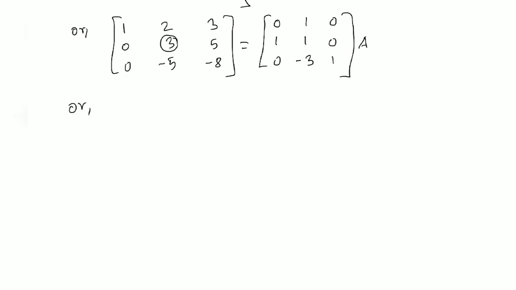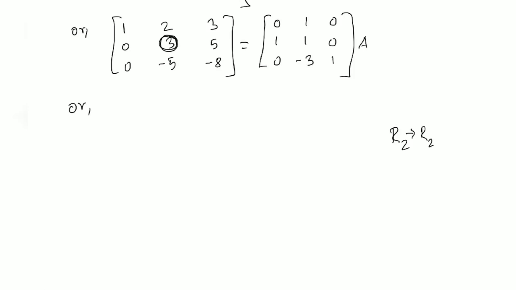What we need to do is multiply some quantity to R2 or R3, and then add it to R2 or R3 so that we can get our desired element. Now this is a tricky part. What element should we apply? Let's see what element we should apply.